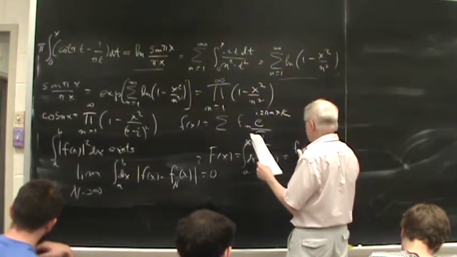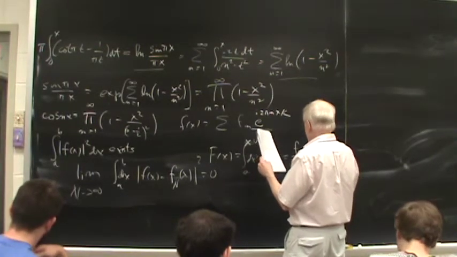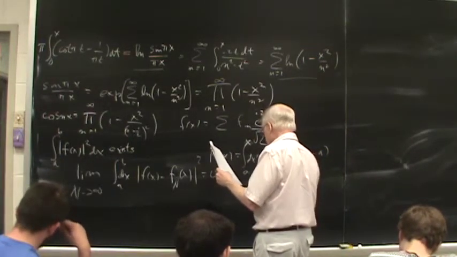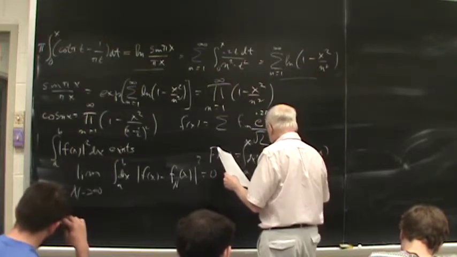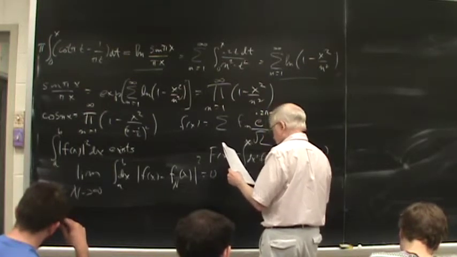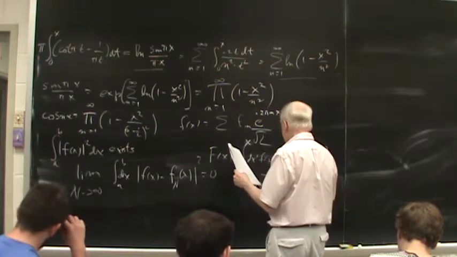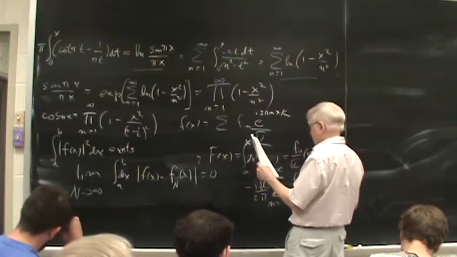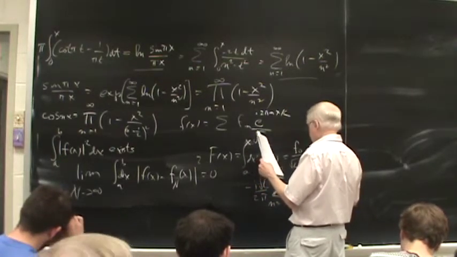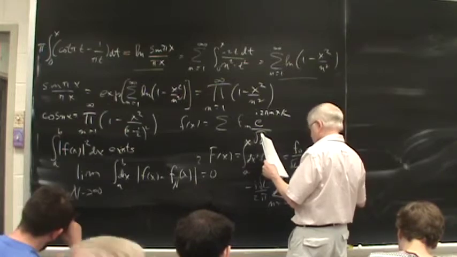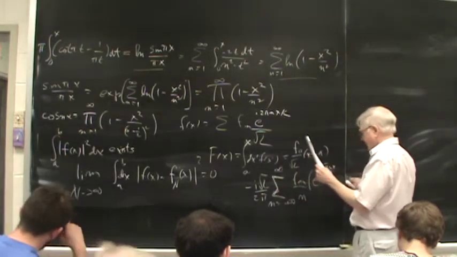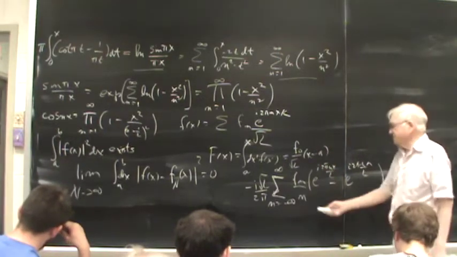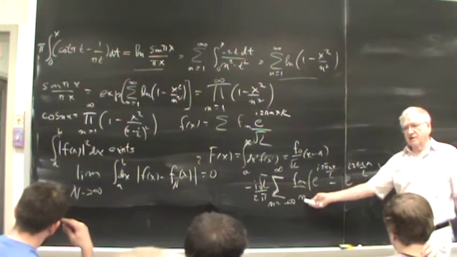When you do that, you simply get f_0 over square root of L times (x minus a), minus i root L over 2 pi, sum n equals, of course, minus infinity to plus infinity, f_n over n times (e to the i 2 pi n x over L minus e to the i 2 pi n a over L). So you see you get an extra factor of 1 over n when you integrate.